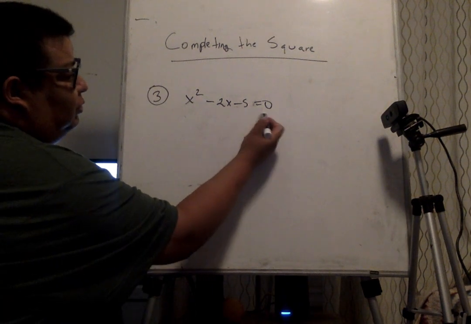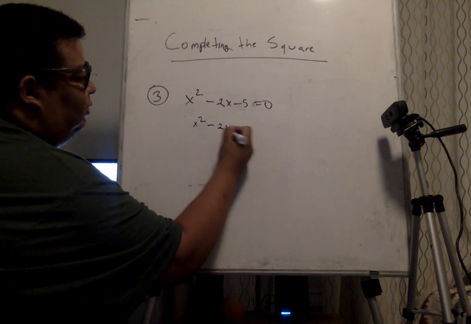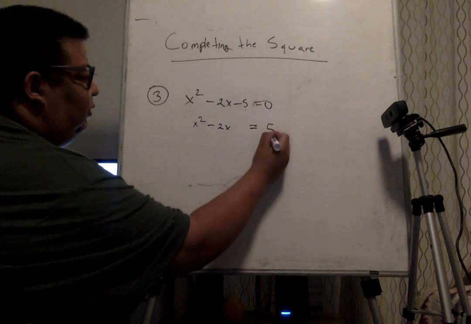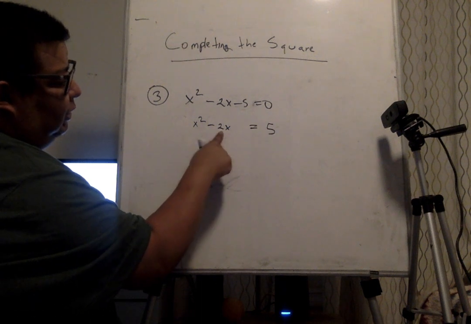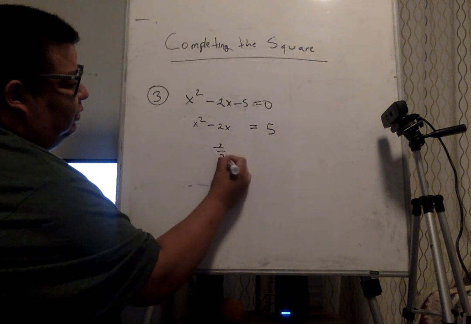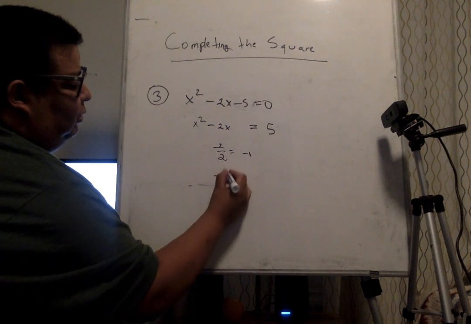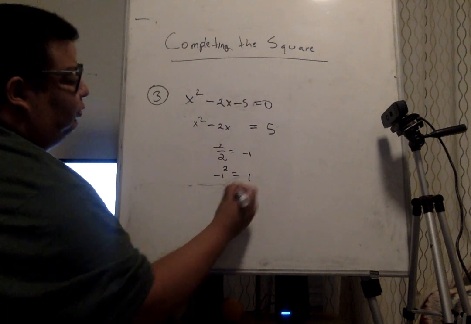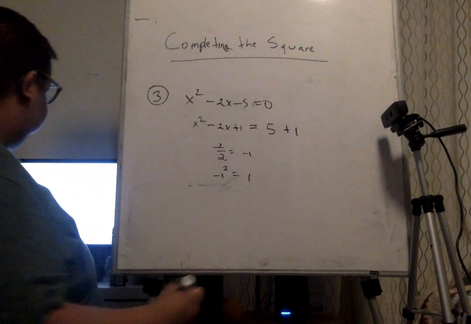Remember, we're going to move this to the other side, so we're going to be left with x squared minus 2x equals 5. We need to get a number here and here. How do we do it? We take that coefficient in the middle, negative 2, we divide it by 2. That's negative 1. Negative 1 squared, that's 1. So plus 1 plus 1.